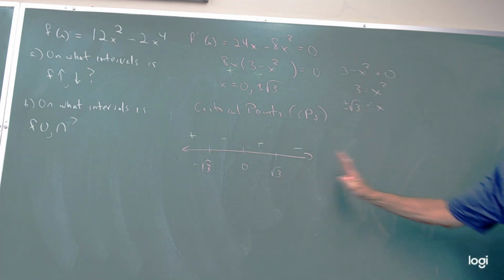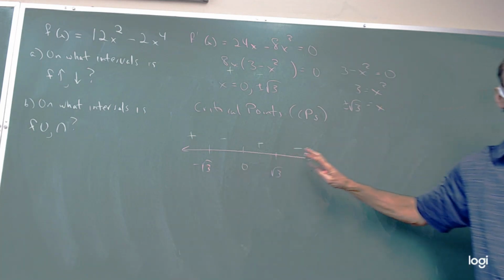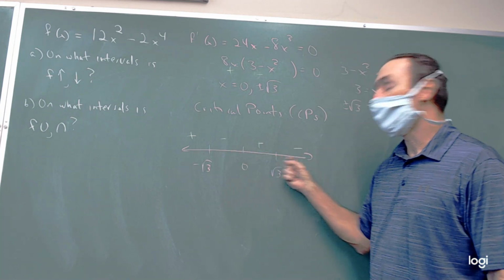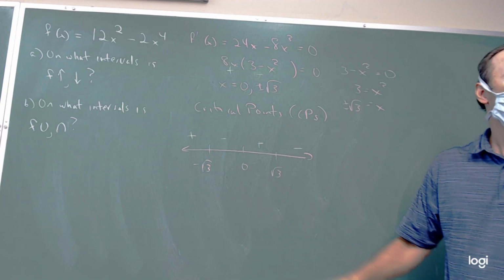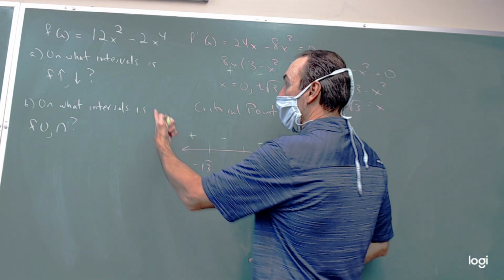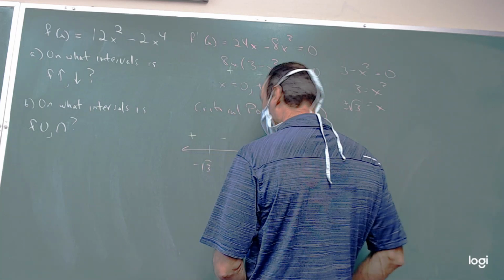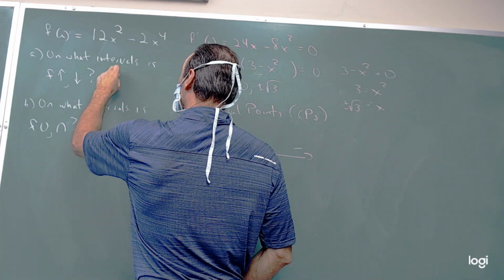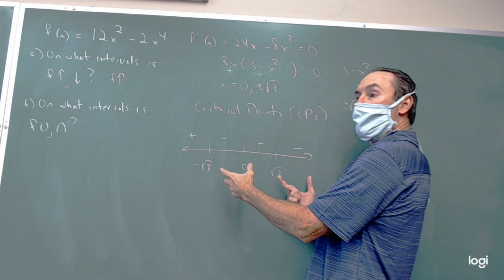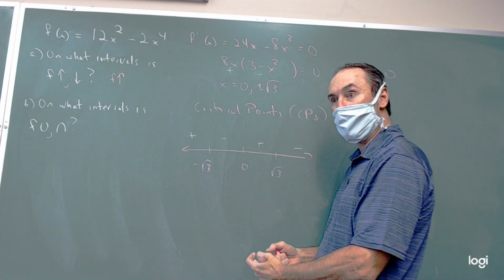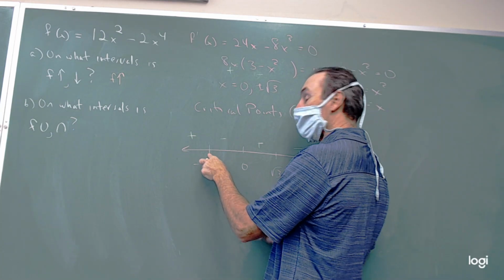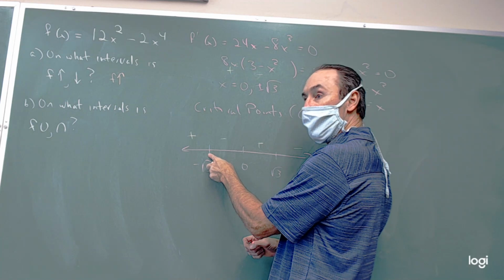Okay, so we can see from this sign chart where the derivative is positive and where the derivative is negative. Now, we can then answer the question. We'll say f is increasing on those intervals where our derivative is positive, but with a slight difference. Right at the boundary point is where the derivative is 0.